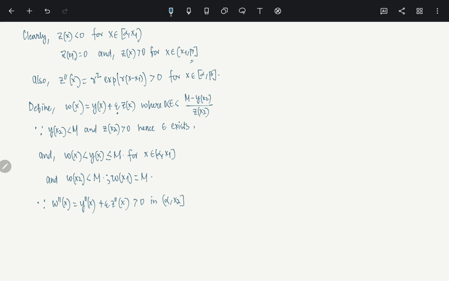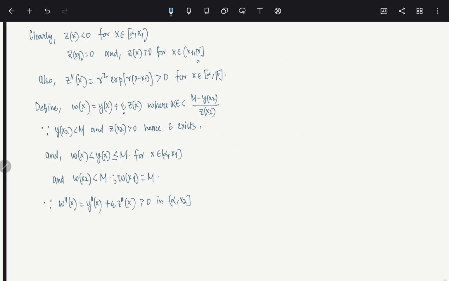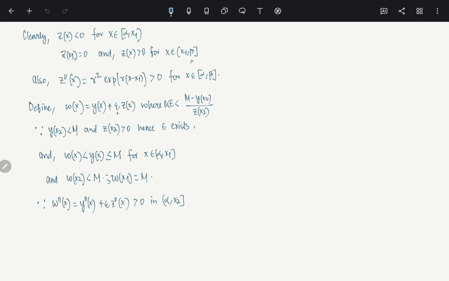See, alpha x2, so it starts from alpha and goes till x2, y double prime is given to be positive. We have assumed that y double prime of x is strictly greater than 0. Okay. And what about this z? Z is such that z double prime is strictly positive, you see, between alpha and beta. Here it is given z double prime is strictly positive. So y double prime of x plus epsilon times z double prime of x is strictly positive. Is this okay? And so in between alpha and x2, what is happening is this: w double prime of x is strictly positive.